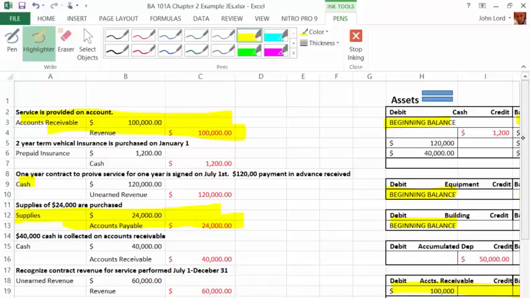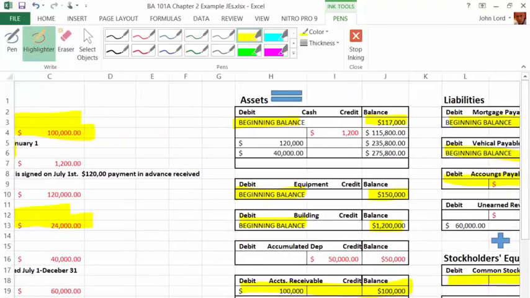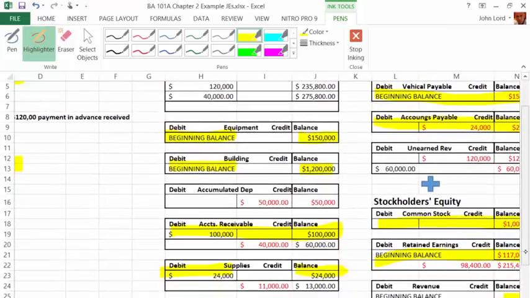And when I buy that 2-year insurance policy, I go ahead and I debit my prepaid insurance, 1,200. It's a 2-year policy, and I go ahead and I debit my prepaid insurance over here. Where'd you go? I guess you're down. There you are. Prepaid insurance, 1,200.